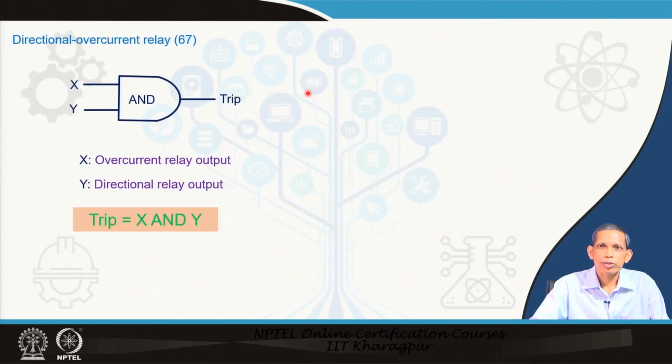These kinds of principles, the directional principle, are widely used with the overcurrent relay as I mentioned, and that is designated by IEEE standard number 67. What is being done in the directional overcurrent relay principle is that the decision by the overcurrent element and the decision by the directional element go to an AND circuit, and by ANDing them we decide whether to trip the corresponding breaker or not.